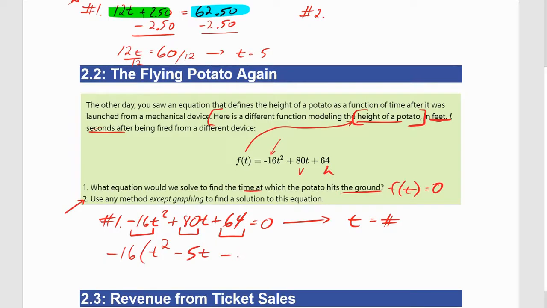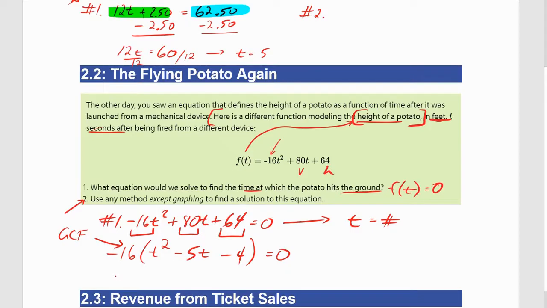All right, so as you can see, the numbers got smaller, which means I factored correctly for my GCF. And again, GCF is greatest common factor. That was something that all three of those terms had in common, the negative 16.